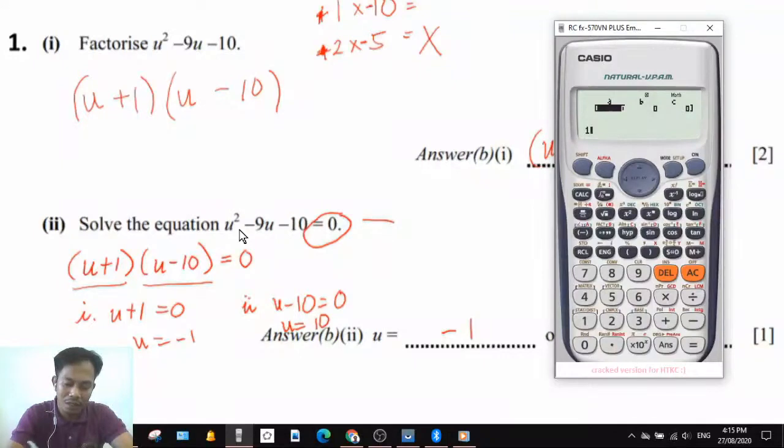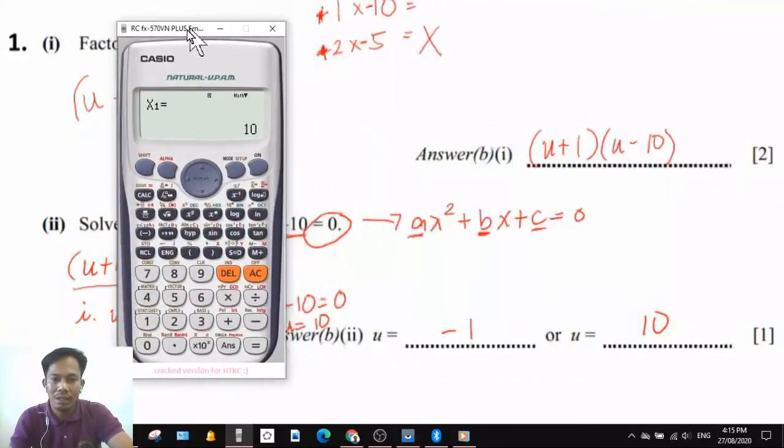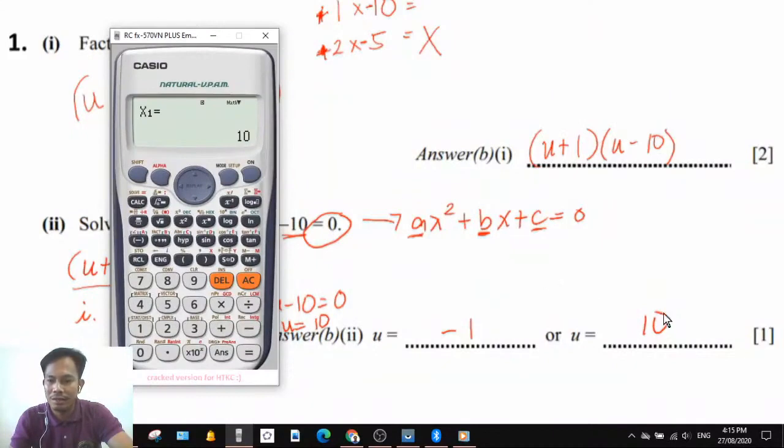Your b is negative 9. And the c is negative 10. So I have to press 1 for the a, negative 9 for the b, and negative 10 for the c. You will immediately find out that one of the answers is 10, and another answer is negative 1.